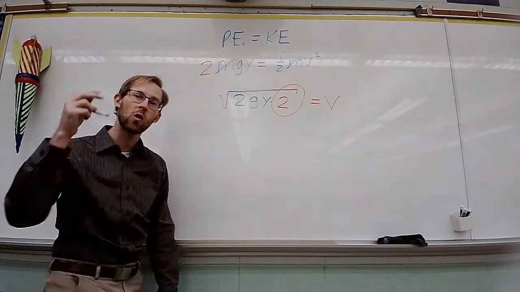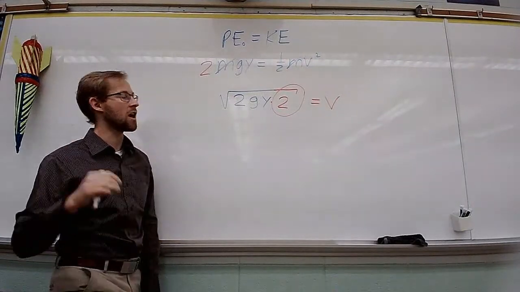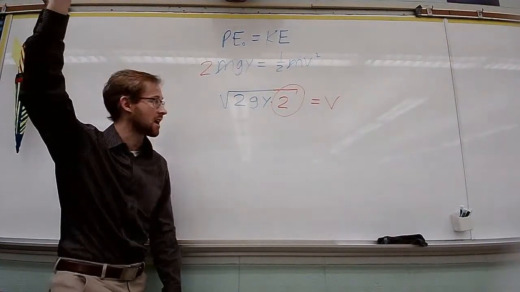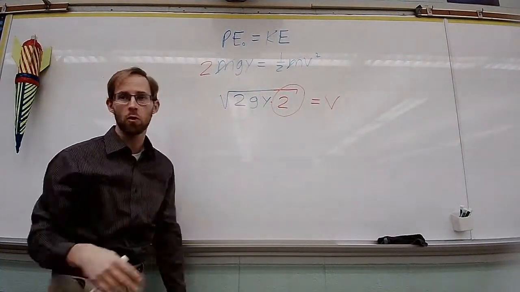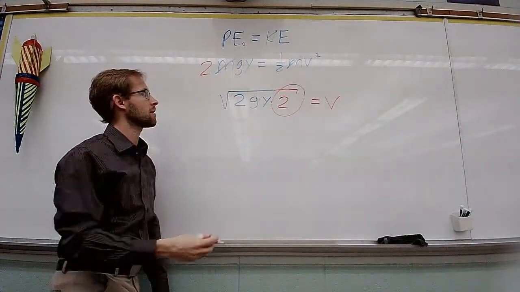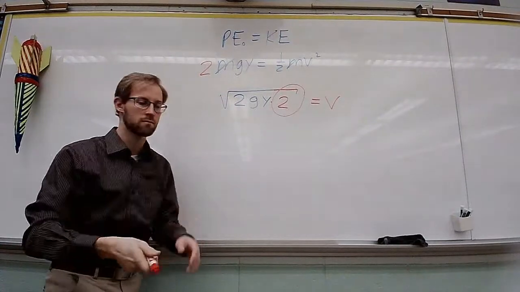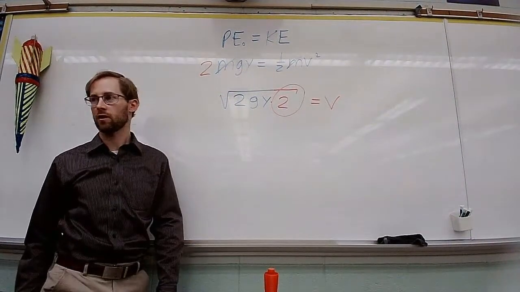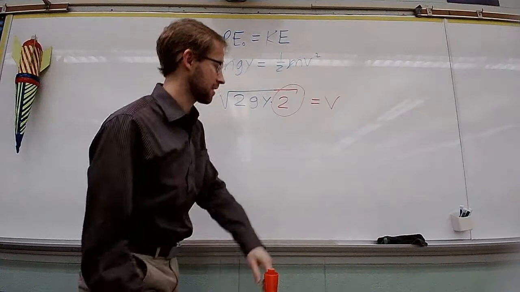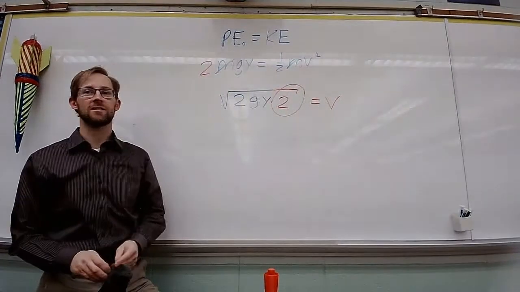In order to be going twice as fast, you'd have to go 4 times as high, because square root of 4 would be 2. So yeah, your speed increases by a factor of square root of 2, or 1.41, if you're a decimal person like me. Questions on this?